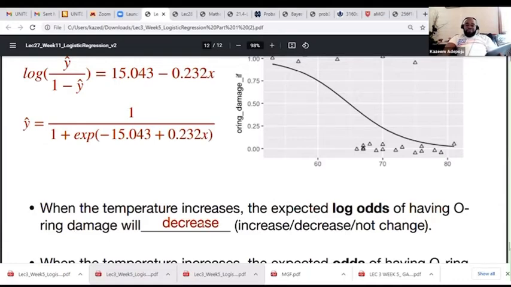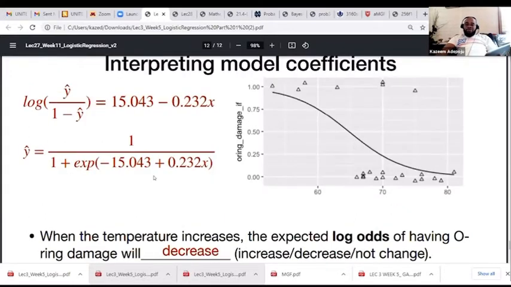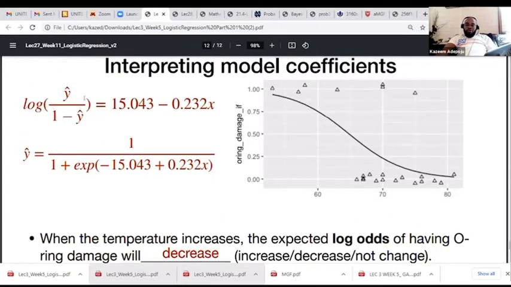And there's a difference between log odds and the odds itself. I'm going to tell you now, this is odds, and the whole thing is log odds. There's a difference between the two.